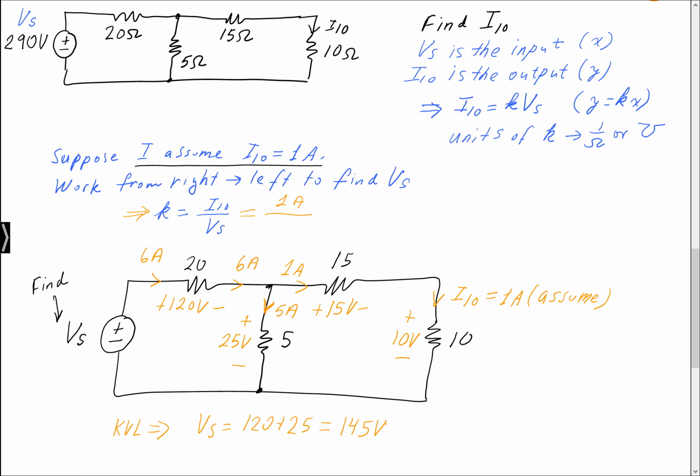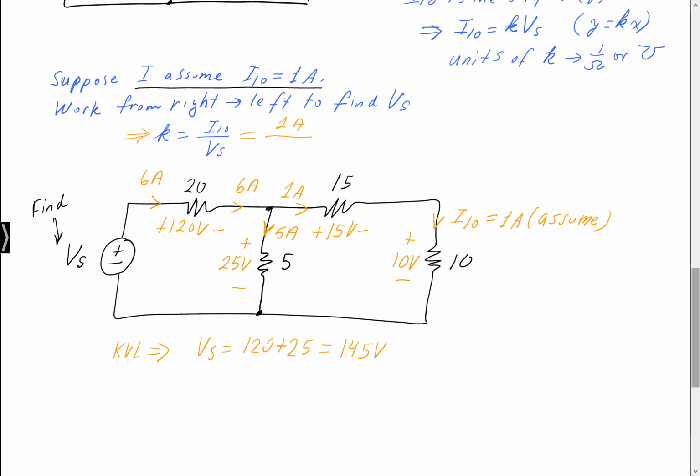right? So what this is saying to me is that if Vs was 145 volts, I10 would be 1 amp, right? So let's just go and find K. K is equal to I10 over Vs. I10, I assume, was 1 amp, and then Vs is 145 volts, right?